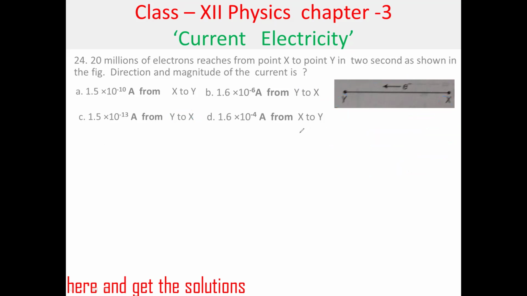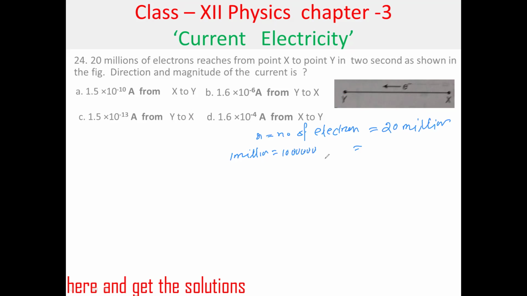Let us start again from the first. So n equals the number of electrons, equal to 20 million. We know 1 million equals 10 lakhs. 10 lakh means 1, 10, 100, 1000, 10,000, lakhs.